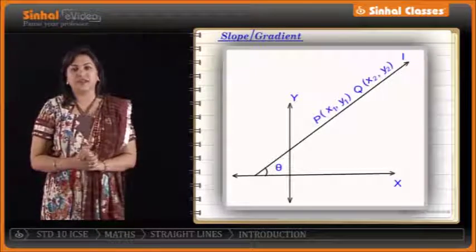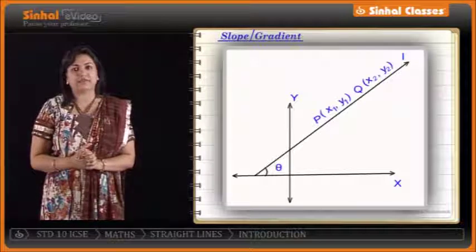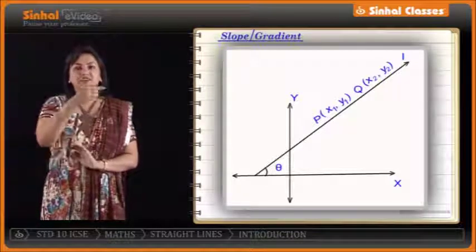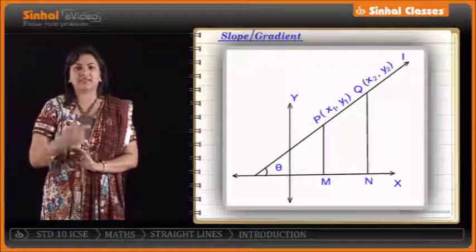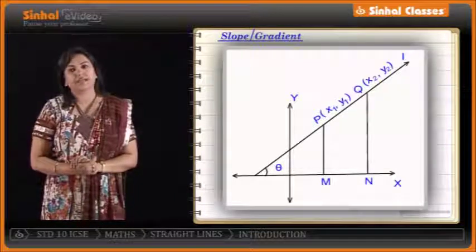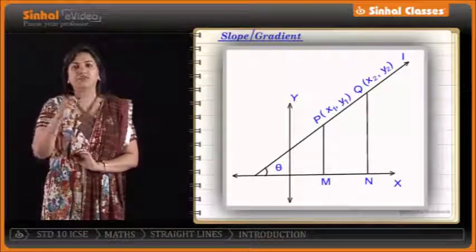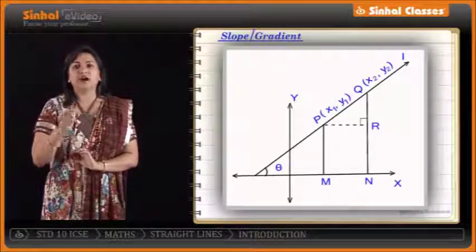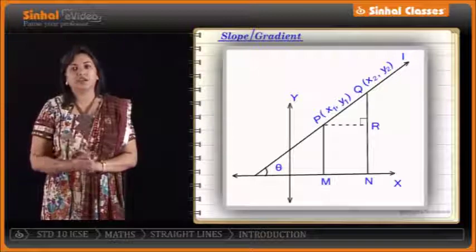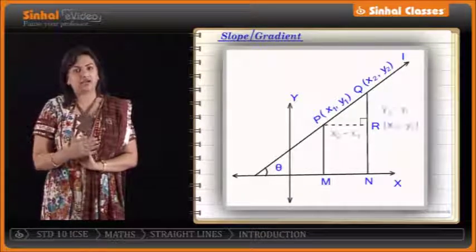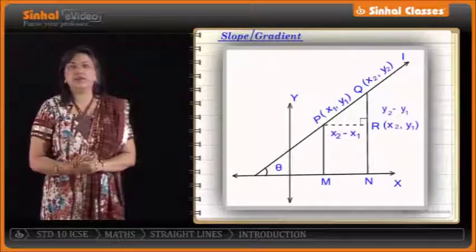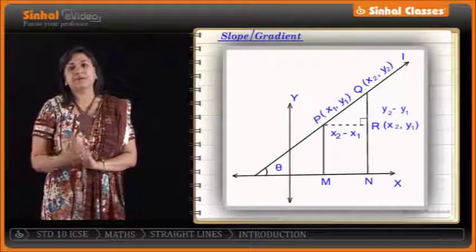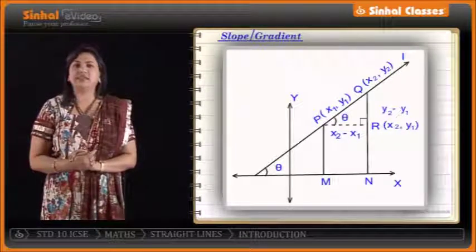Now we want to find the slope of this line. To do this, we join P to the x-axis and Q to the x-axis. Now we complete the triangle as QPR. Now at point R, the coordinates will be x2, y1. In this triangle, angle P will obviously be theta.